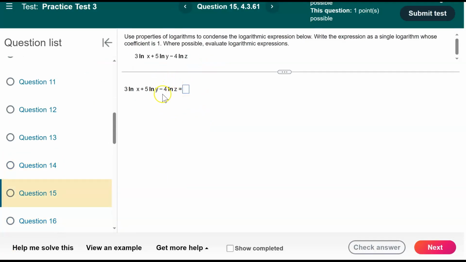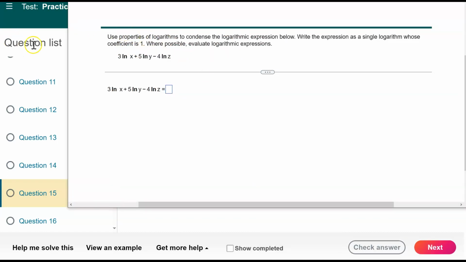So in this item here, we are asked to condense the expanded logarithmic expression. And we make sure that it is written as a single logarithm with coefficient equal to 1. To do that, as I've said, we first have to remove the coefficient there. So we have to apply the power rule.